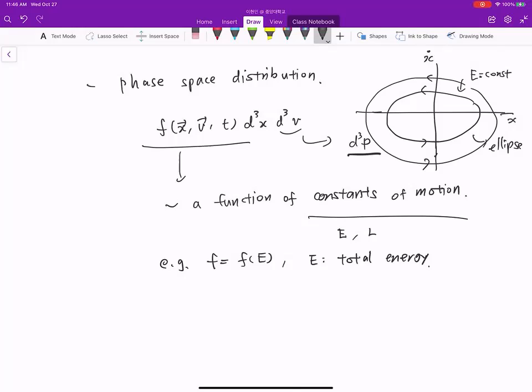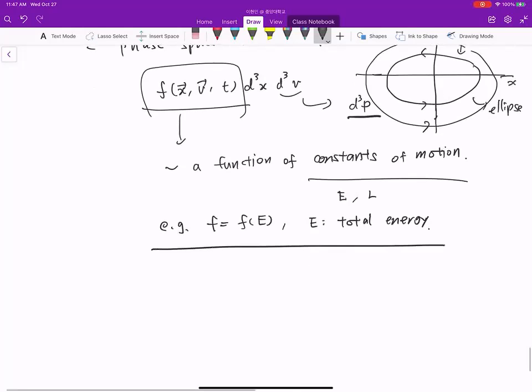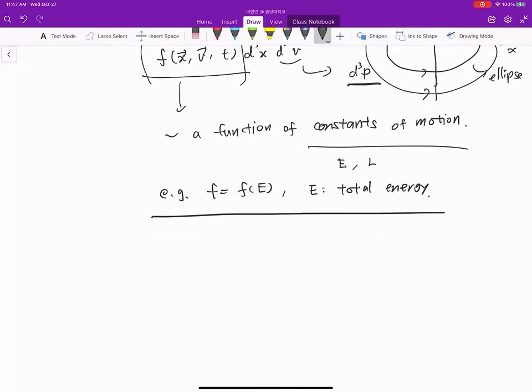I think you can define the density too. The phase space distribution depends on the coordinate. So if you choose the radial coordinate, you can see some dependency, for instance. So this is just the definition of the phase space distribution. Now, we are going to consider a system of many particles.